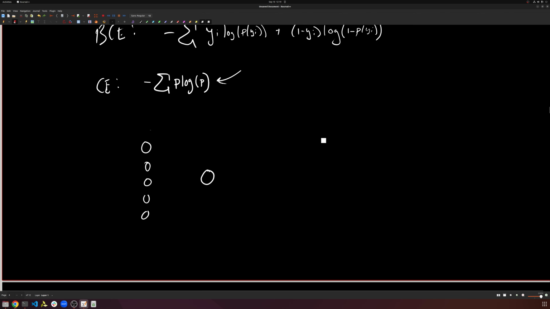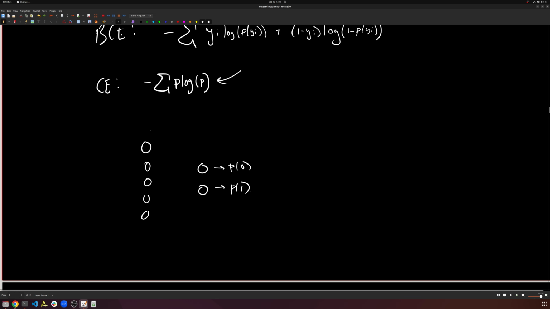Or, if we want to use cross entropy loss for a binary problem, we can have two outputs, where this is the probability of 0 and this is the probability of 1. In the case of MNIST, we're going to have 10 outputs: the probability the digit is 0, the probability the digit is 1, the probability the digit is 9, 0 through 9. So we have 10 outputs.